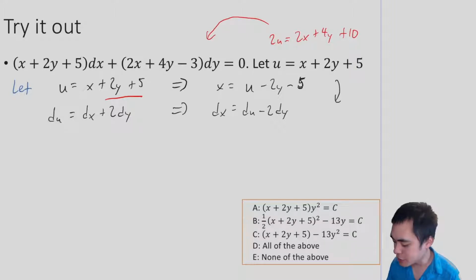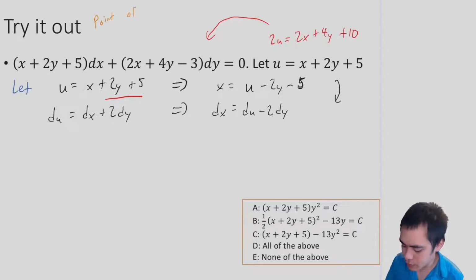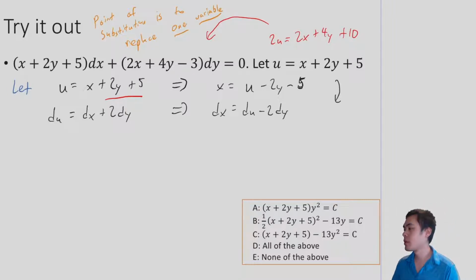The point of substitution is to replace one variable. Yeah, you can think of u minus 2y as both functions of x, and so you use the product rule.